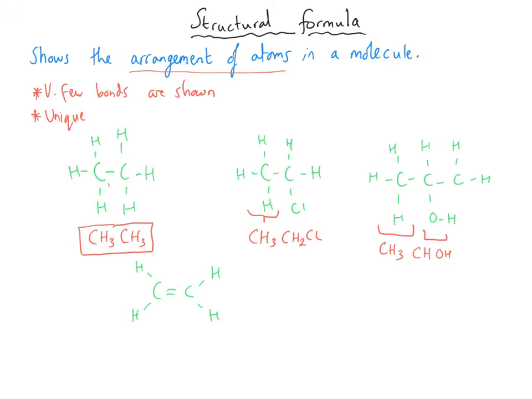So we write CH because that H is attached to the carbon. And then we write the OH separately because that is one distinct group, the OH attached to that carbon. And then at the end there we have got a CH3 group. Again, I've missed a hydrogen off, but that should be a CH3 group at the end.